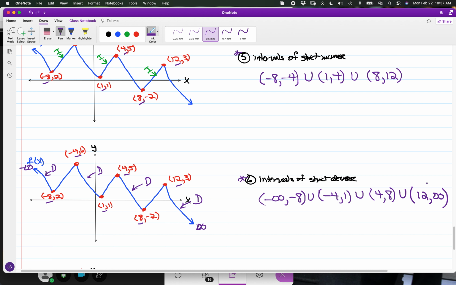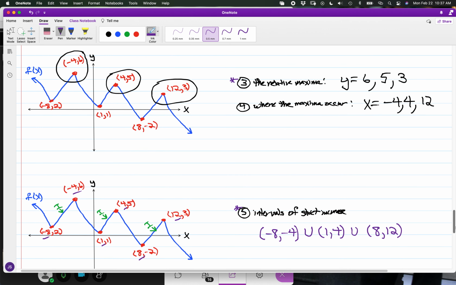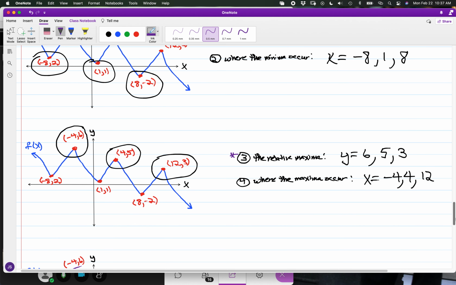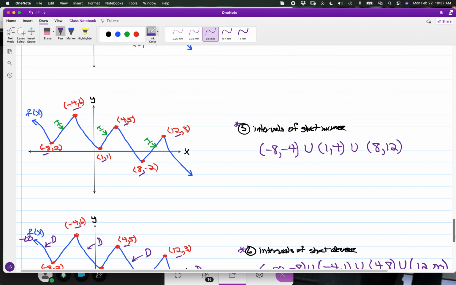And now there is a little part that you might run into. Okay, so again, we have our relative minimum, maximum, as well as the intervals of strict increase, as well as those of decrease.